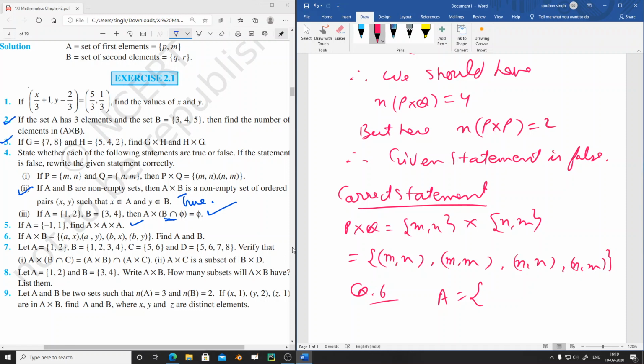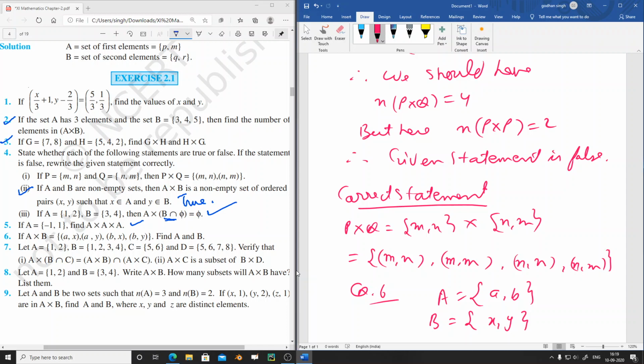So there are two elements, a and b. Then set B equals the second elements of the ordered pairs, that is x, y. We also see that the number of elements in set A is 2 and in set B is 2. So if we find A cross B, there should be 4 elements, and we see here there are 4 elements. So the sets A and B are correct.